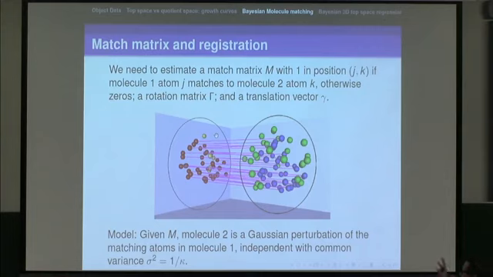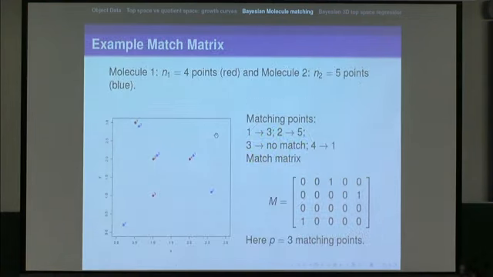If I can find which points correspond, then I can align them and see how close they are. So in this particular example, the red points here match up with the blue ones. The yellow ones here don't match up, and the green ones don't match up. But we want to be able to find that out for ourselves by doing statistical analysis.